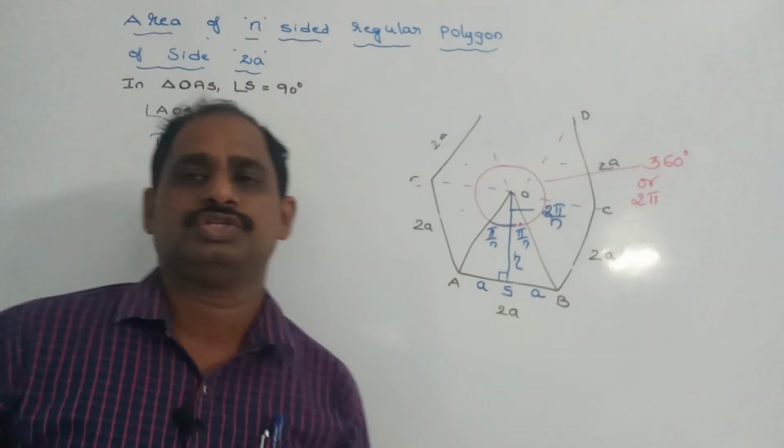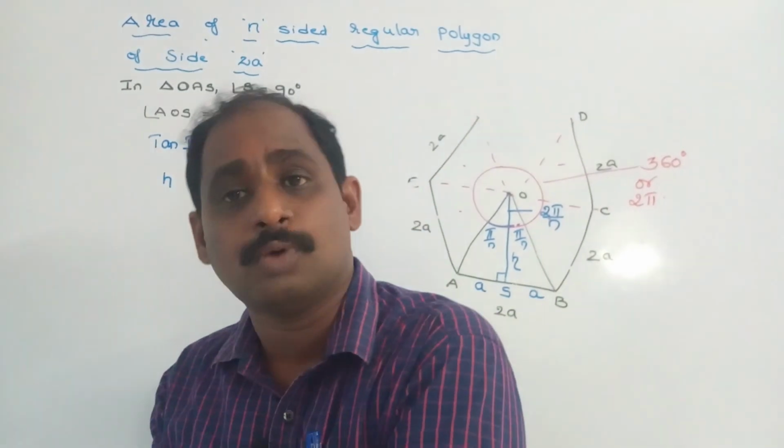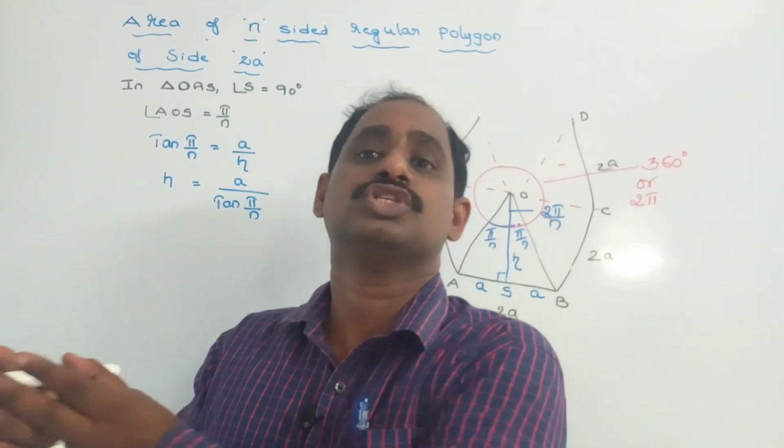We got h. I said that the area of an n-sided regular polygon is nothing but n times the area of an isosceles triangle.